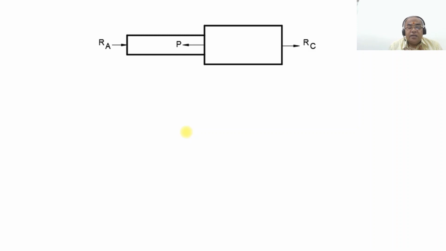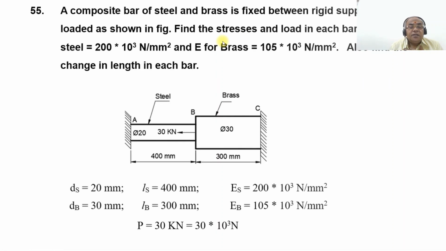So this is the free body diagram, with the load applied in this direction. Since this end is fixed, in order to keep the bar in equilibrium, you are going to have one more load acting in the opposite direction, which will be compressive in nature.